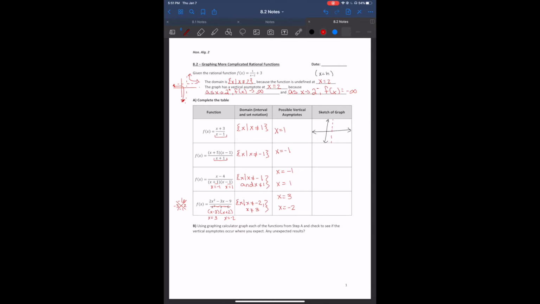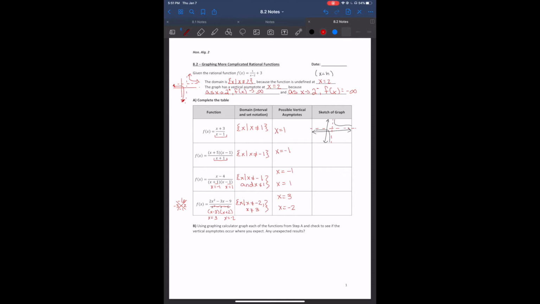And then I told you guys that it is more difficult to determine where your horizontal asymptotes are from your calculator. It's not going to be given to you in the table of values. But here's what we did see. We saw part of our graph up here, and then we saw the other part of our graph approximately here, right? So we can go ahead and estimate our horizontal asymptote to be here. We don't know the location yet. That's okay. We're just sketching the graph.